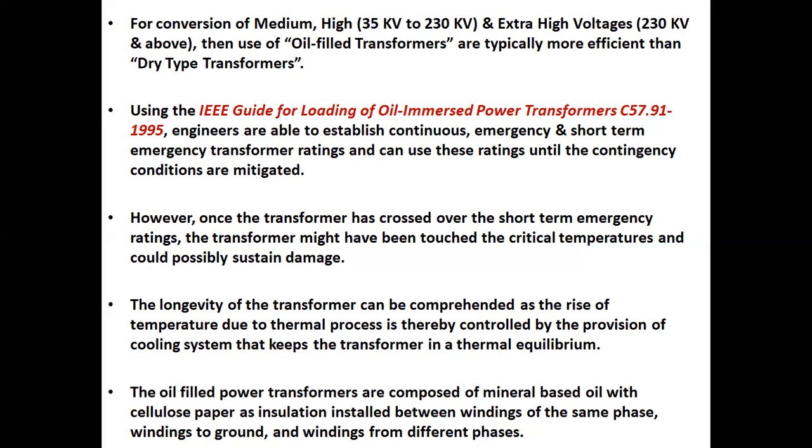However, once the transformer has crossed the short-term emergency ratings, it might have reached critical temperatures and could possibly sustain damage. The longevity of the transformer depends on how the temperature rise due to thermal processes is controlled by the provision of a cooling system that keeps the transformer in thermal equilibrium.